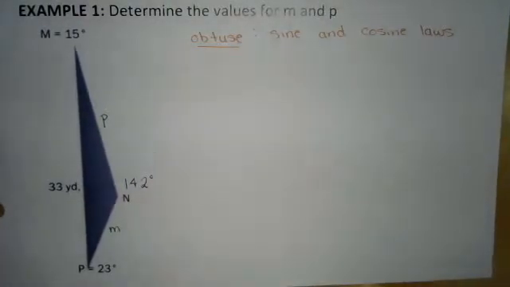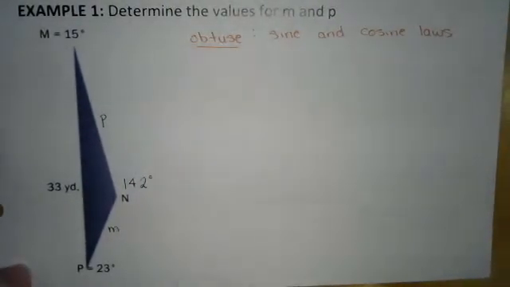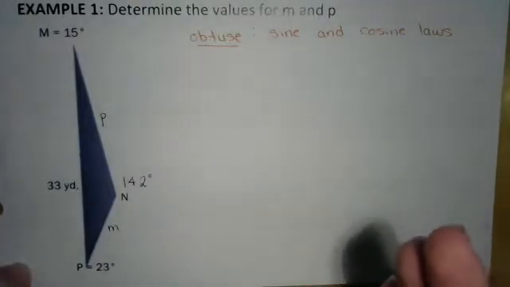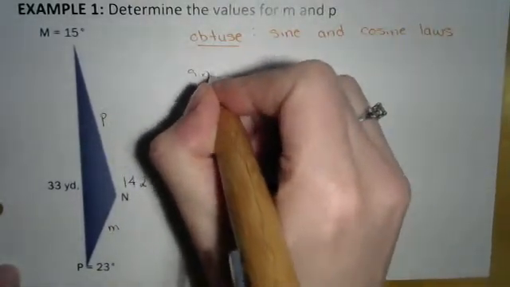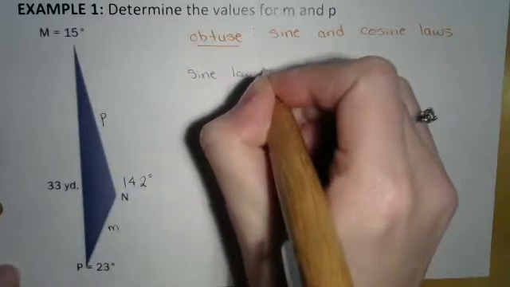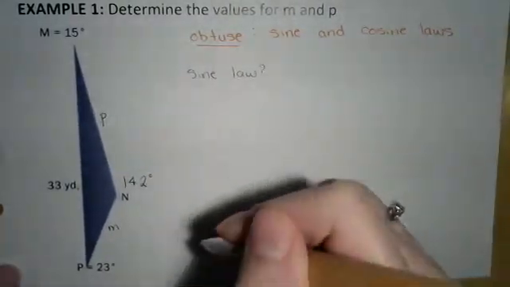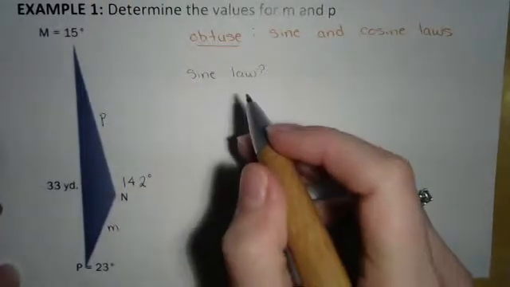So how do we know where to start and what to do? Okay. Do we use a sine law, cosine law? So for the sine law, we're going to have to find out what we know first before we can get started.